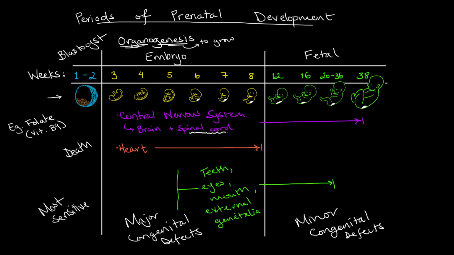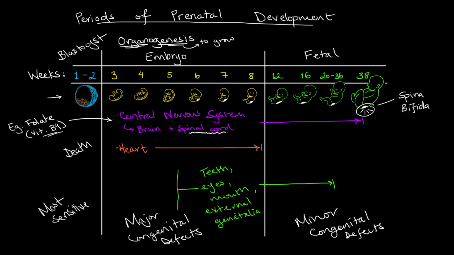And then by the time you're born, your spine is still open, just at the bottom of the spine. So this is called spina bifida. These are also called neural tube defects, which is the family of diseases. And this can be prevented if the woman eats enough folate, enough vitamin B9.